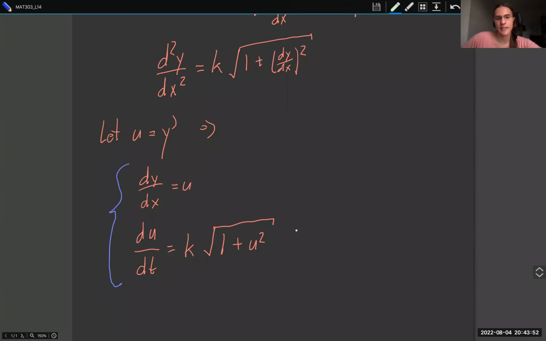So what that tells us is that u is equal to k times the integral of the square root of 1 plus u squared.